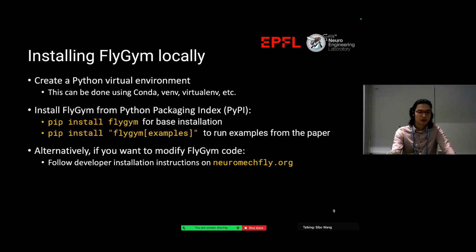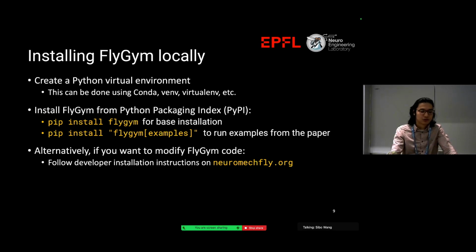Yeah, so the easiest way to run it is to just run it from the Google Colab link. If you want to run something small, that's great. An intermediate solution is to run this pip install flygym code. If you have Python installed or any kind of Python manager installed, this should be the easiest way.